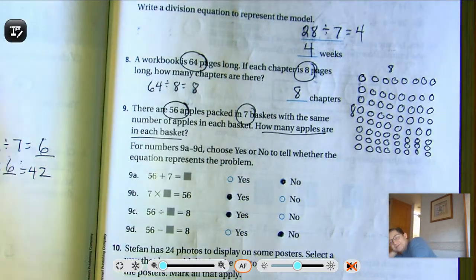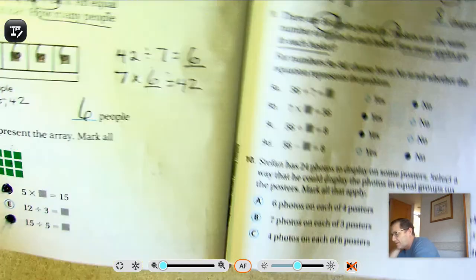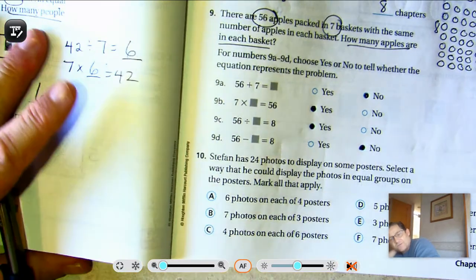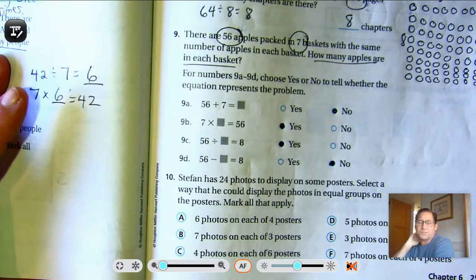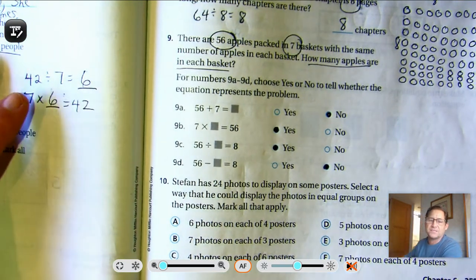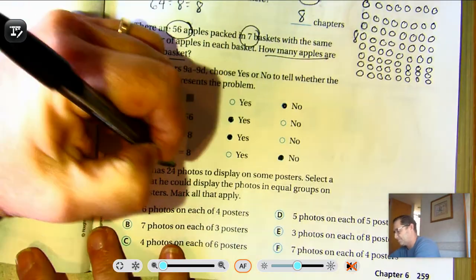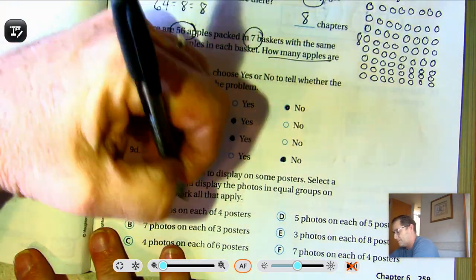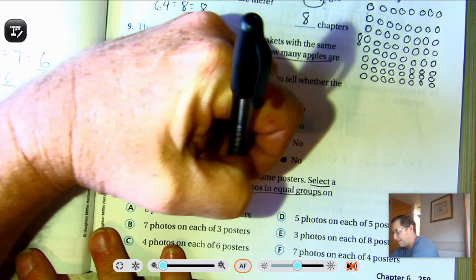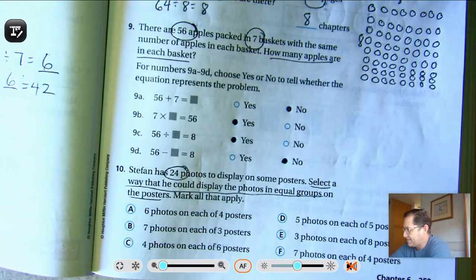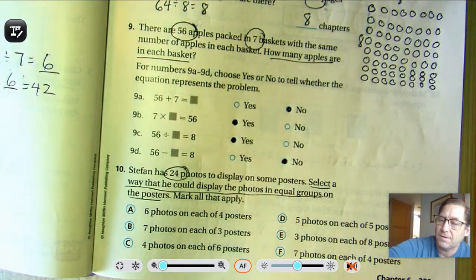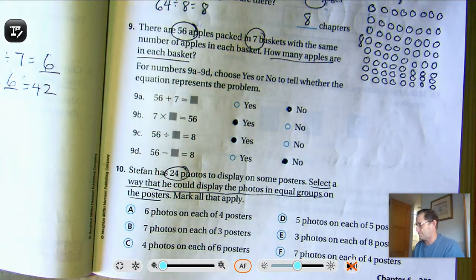All right, number 10. Stefan has 24 photos to display on some posters. Select the way he could display the photos in equal groups on the posters. Mark all that apply. Could he have 6 photos on each of 4 posters?